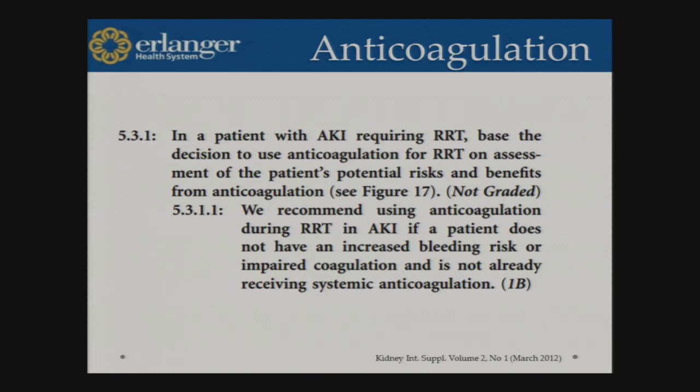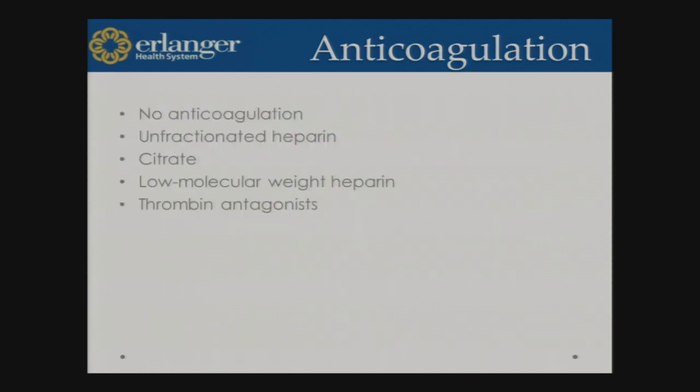And so we will talk about the different modes of anticoagulation that are available here. You obviously can run no anticoagulation if your patient is not able to tolerate anticoagulation. Unfractionated heparin is an option, and citrate anticoagulation, which is a regional anticoagulation within the circuit, is also most commonly used.